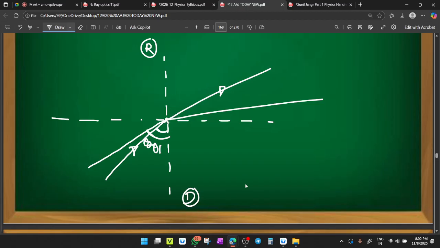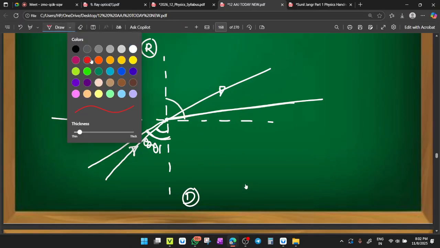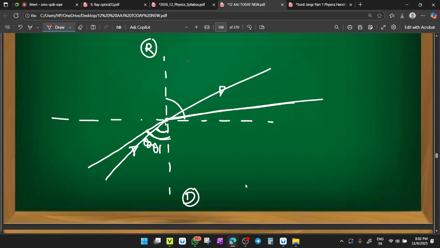If the light ray is incident at a larger angle, it will refract at a larger angle. Now, on continuously increasing the angle, a situation comes where the third ray, having a larger angle of incidence, gets aligned along the interface, and here the angle of refraction equals 90 degrees. Clear or not? So r equals 90 degrees.